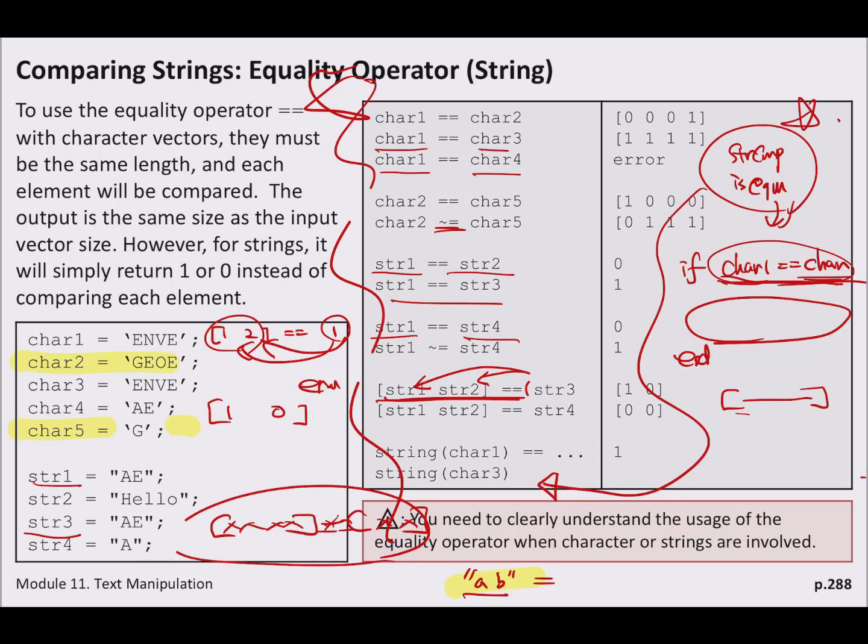Okay? Does it make sense? This one is also confusing, but if you understand that the character vector is an array and the string scalar is one single value, you can easily understand this part.